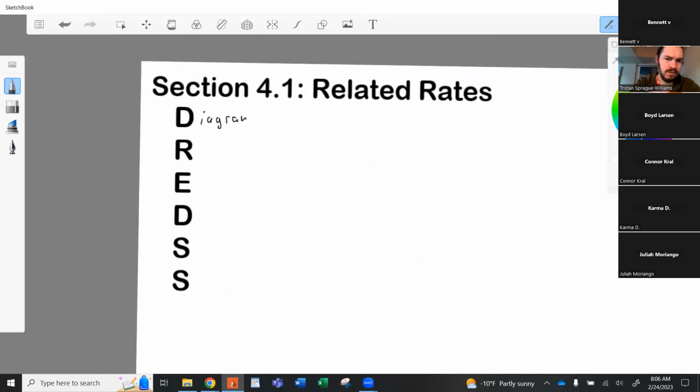It is really helpful to draw a diagram and label in that diagram constants and variables. Okay, then you identify what the rates are. Then you set up an equation. You differentiate it.